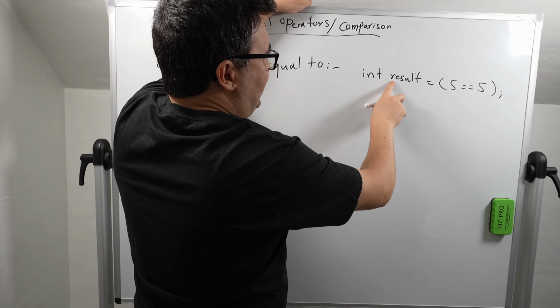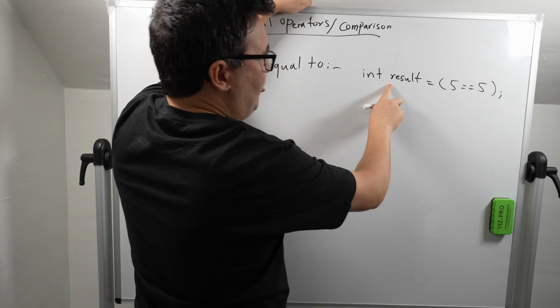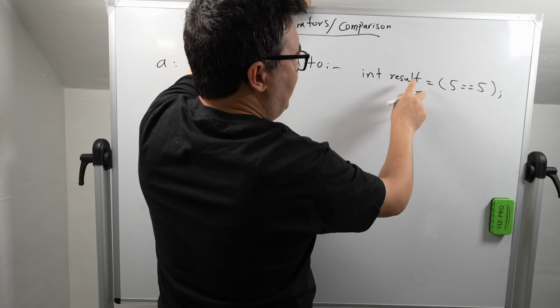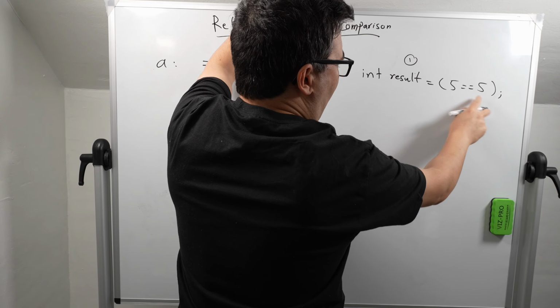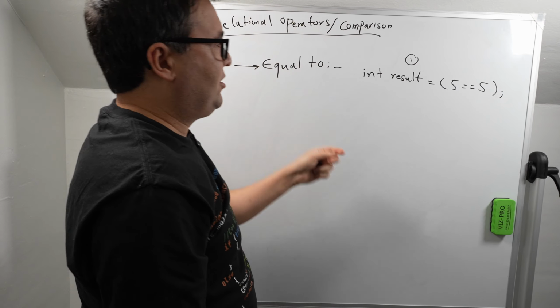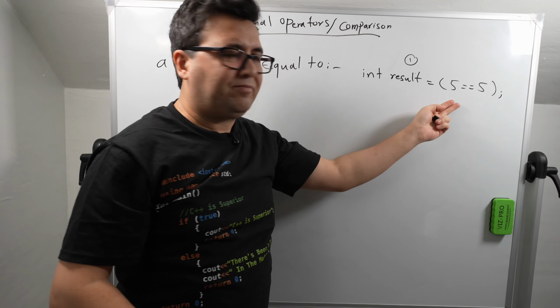We can call this one Boolean. So inside the result variable now we have true, which is 1. If two values are equal, the result is true, or 1. If they are not equal, like suppose we have 4 here or 3 here, then inside the result there will be 0, so it's false.